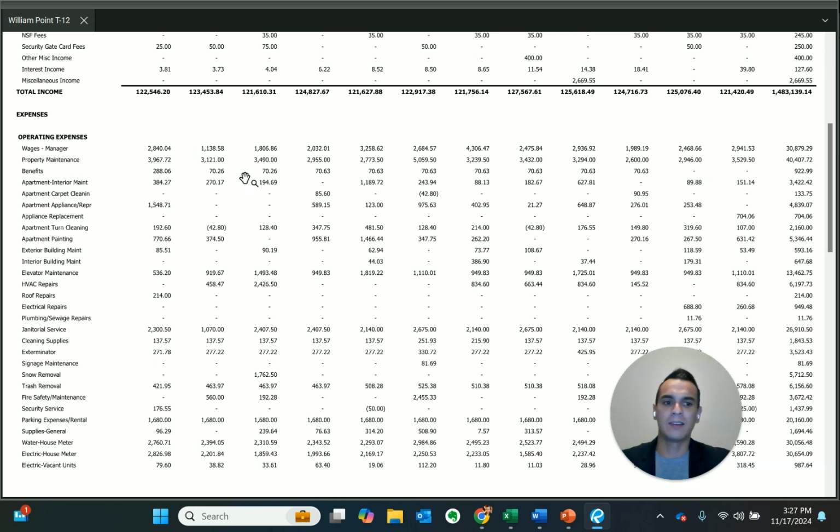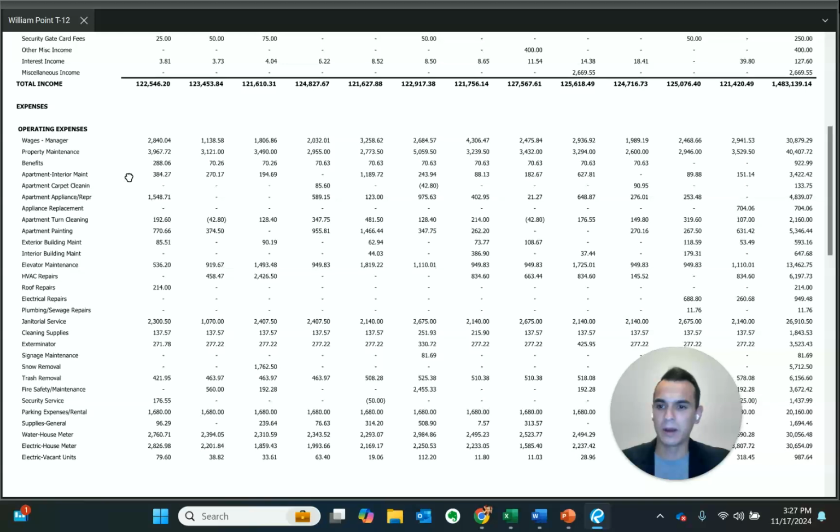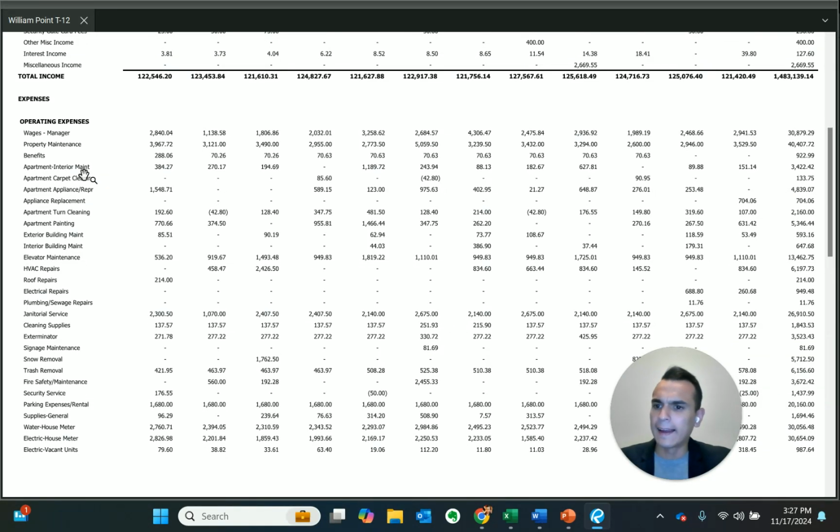Now they have property maintenance, 40,000. So they either have it on staff, or they call a maintenance person every time maintenance is needed. You have benefits associated with paid positions, could be health insurance, dental, other benefits. Going on, we have a bunch of interior maintenance, carpet cleaning, appliance replacement.